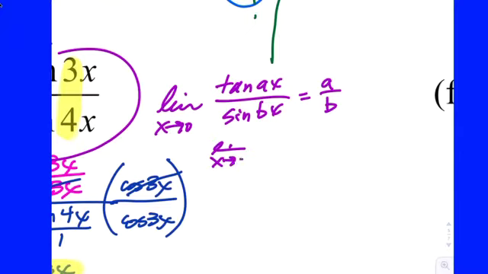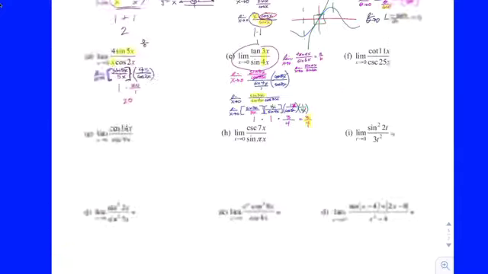So you can have the limit as x goes to 0 of sine of ax over sine of bx. And guess what it's going to be? A over b. You can have tangent over tangent, and it'll be a over b. And you can have sine over tangent. So there's several combinations, 4 of them. They're all going to be a over b because tangents and sines near the origin act the same way.